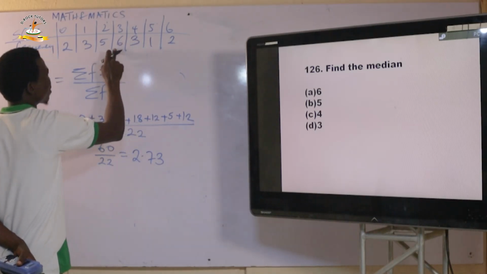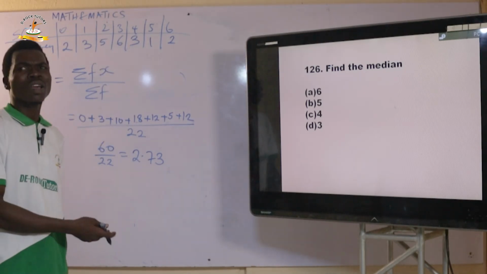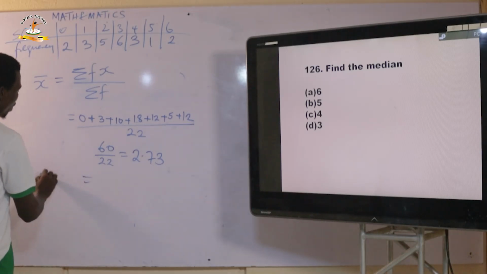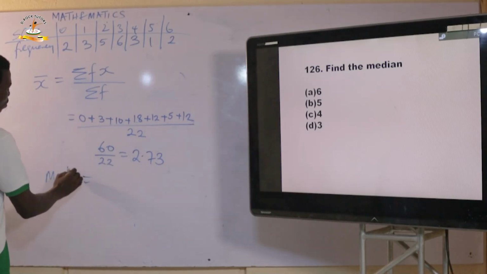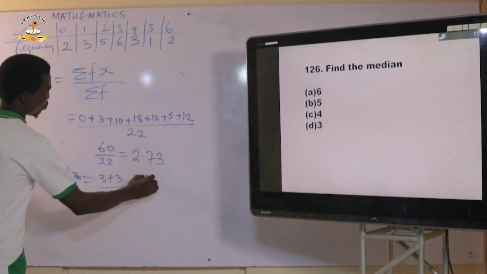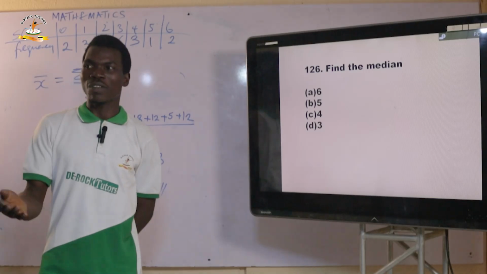So since I have 6 here, the 11th number also falls here. So you don't have a problem. It's simply 3. Because apparently you can see 3 plus 3 all over 2, which is still going to be 3. So the correct option there is D for the median.